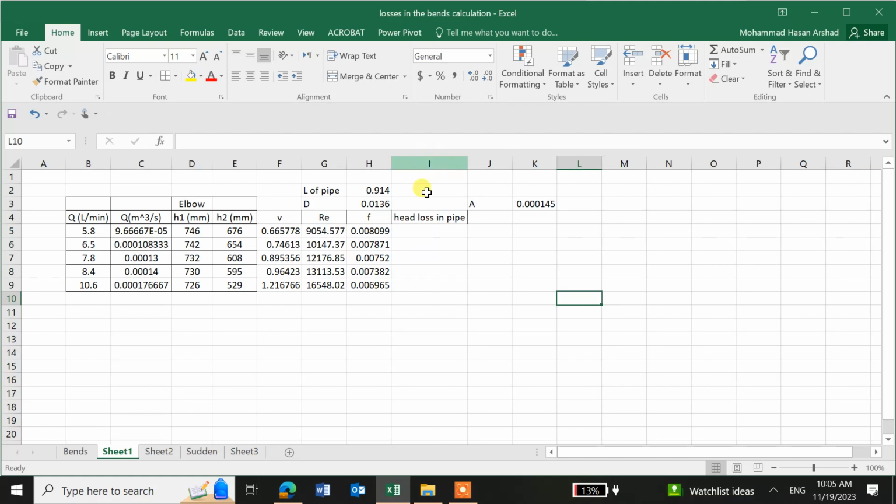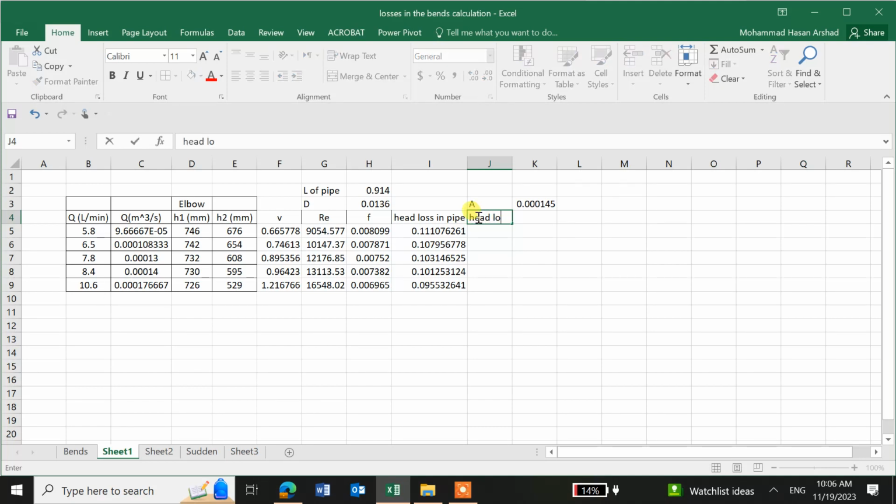Head loss in a pipe is 2 times F times L, where L is this, divided by diameter, which is this, and g is 9.8. So this is the head loss in pipe.